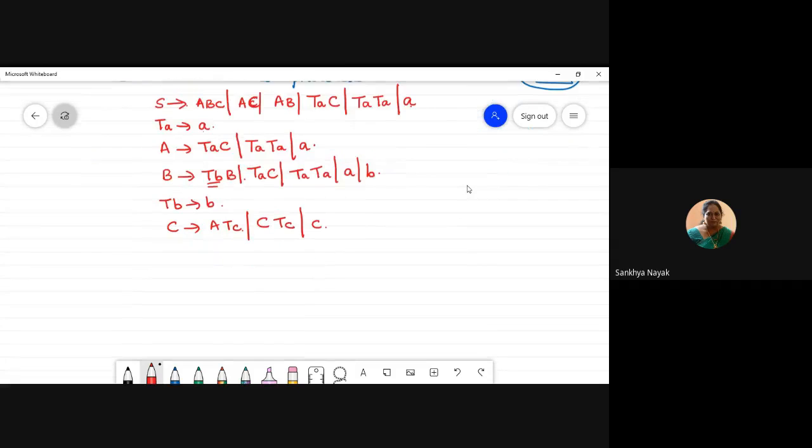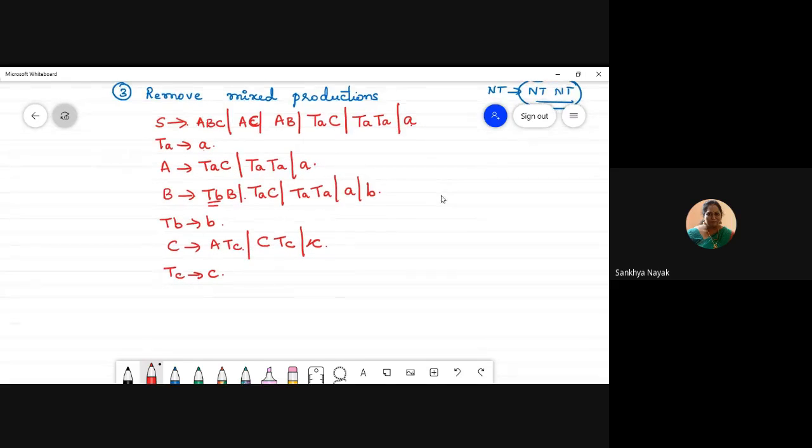So we're going to keep it as it is. So what did I introduce now? I introduced TC. So TC derives c. And ultimately I had one more, that is D derives AA. Okay. D derives AA. I hope this is clear. Okay. And I hope you had done it correctly also.